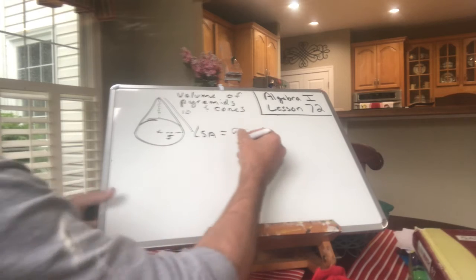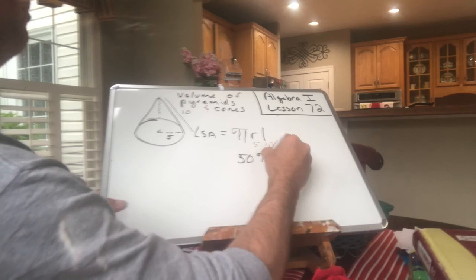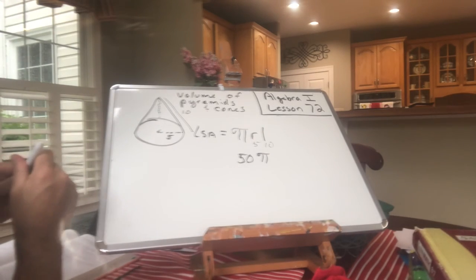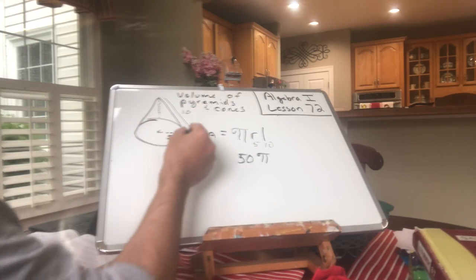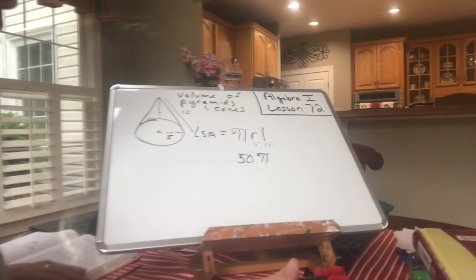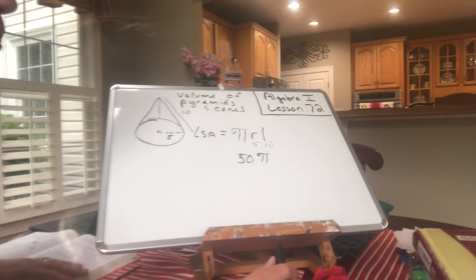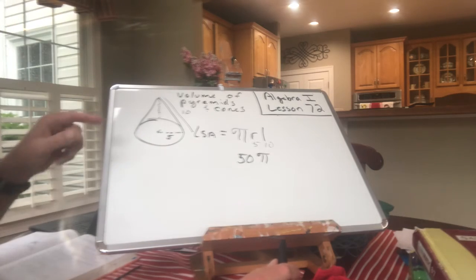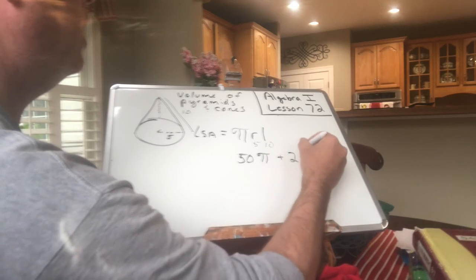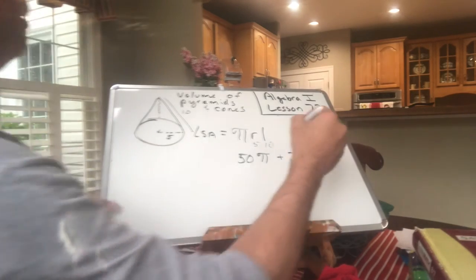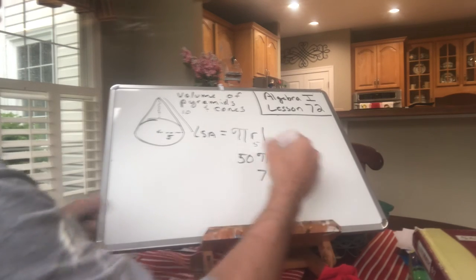So I would let your answer be 50 pi, okay? Now, that is just the lateral surface area. You also need to remember the base. In this case, the area of the base would be pi r squared, so it would be 25 pi. So you would have to add 25 pi to 50 pi, which would equal 75 pi.